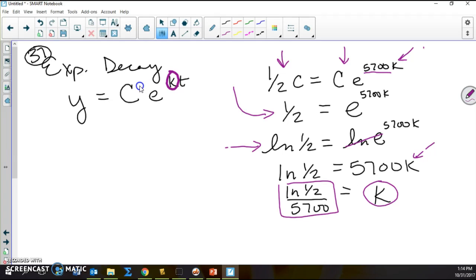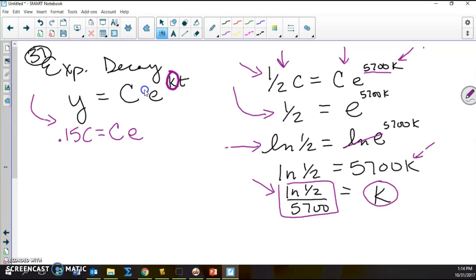Well, we're going to use this same concept as we did over here. In problem 37, it says we're left with 15%. So 15% of our carbon is going to be left when we take the original amount and raise e to that value k, which we just solved for on the right-hand side.